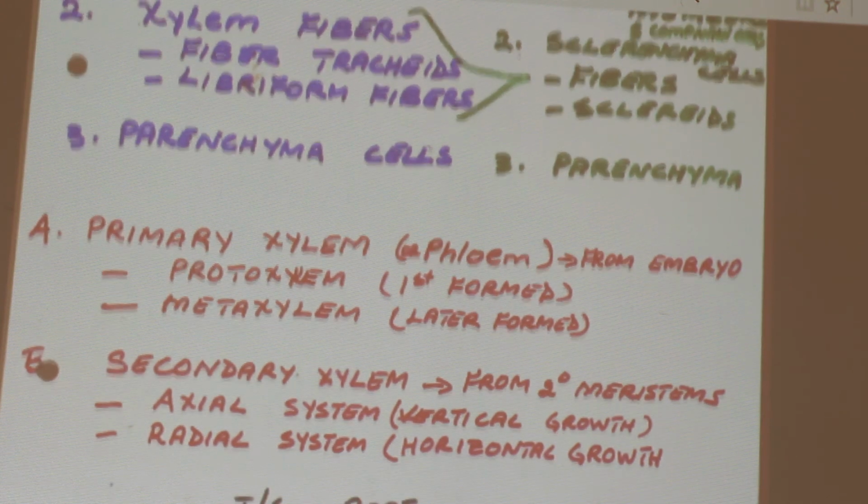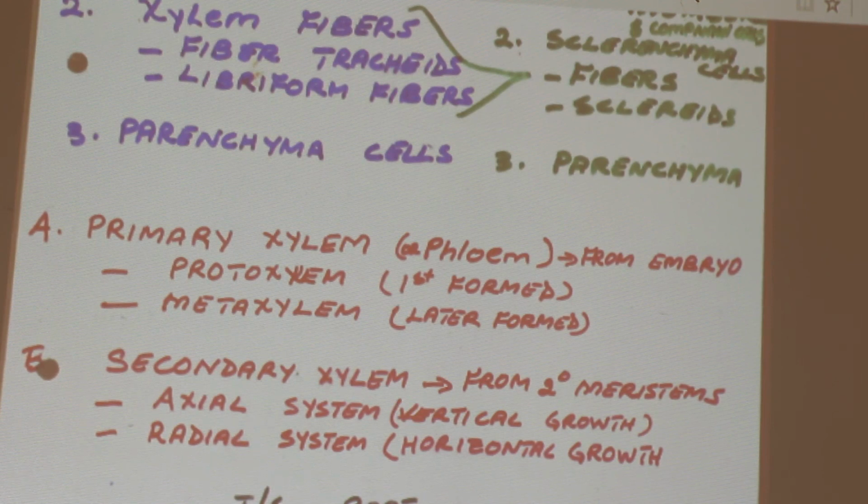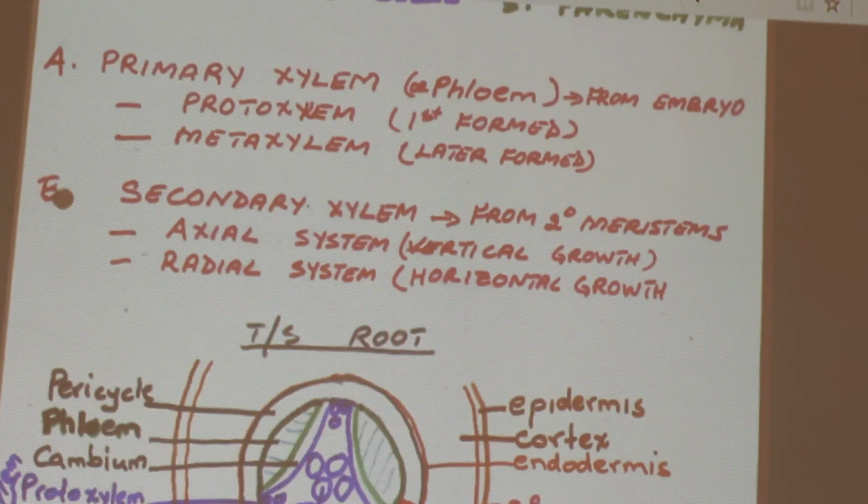This is a section of the root to show us the location. I told you that if it is protoxylem, the lumen is small. If it is metaxylem, the lumen is big. The lumen is just the holes that you see here.